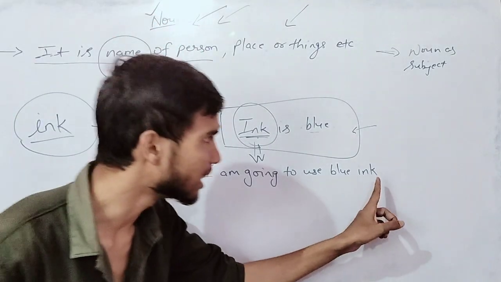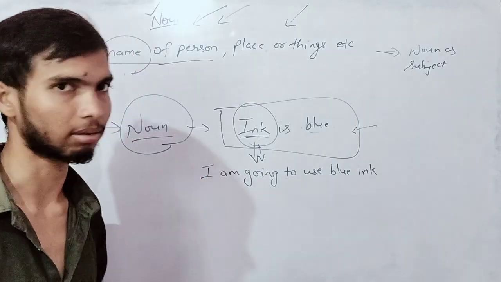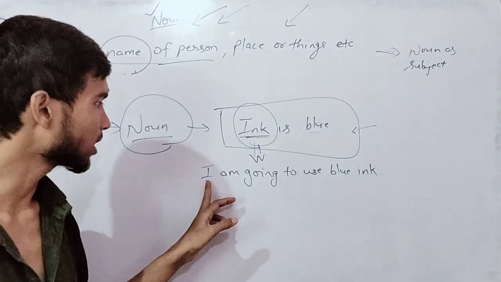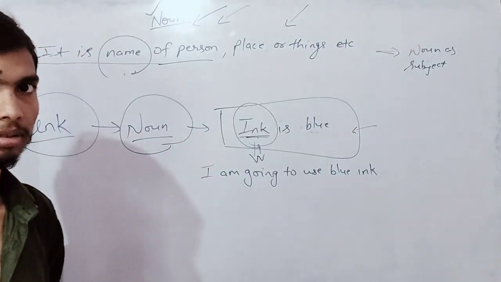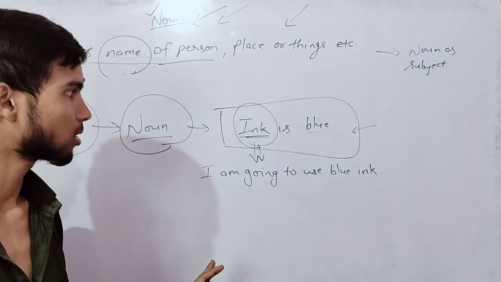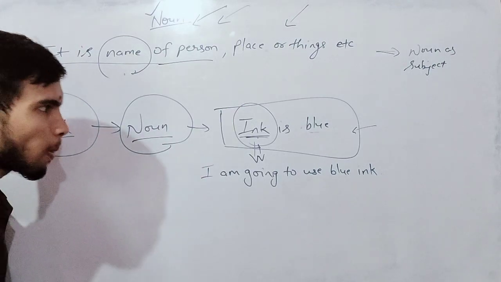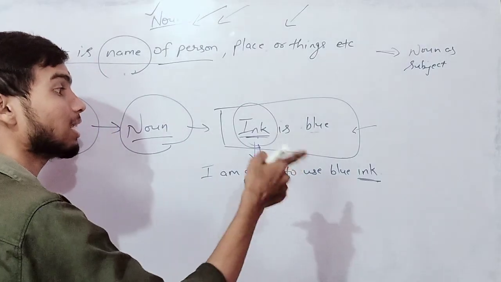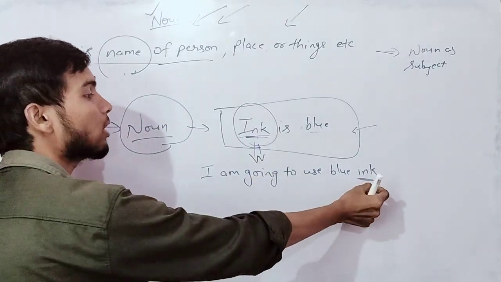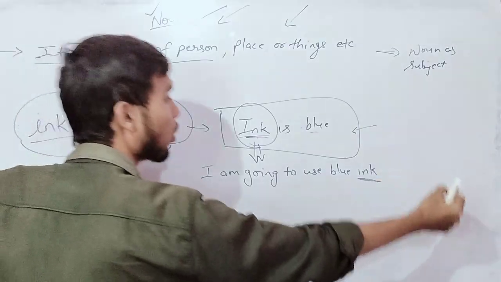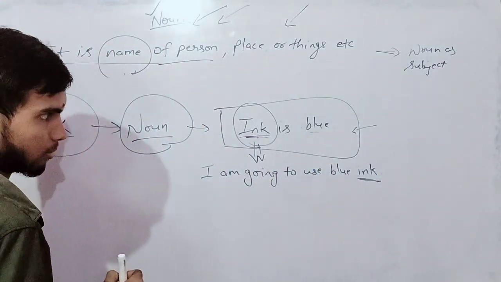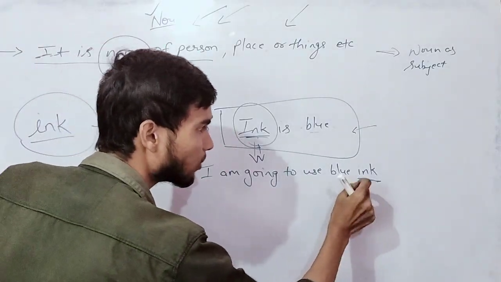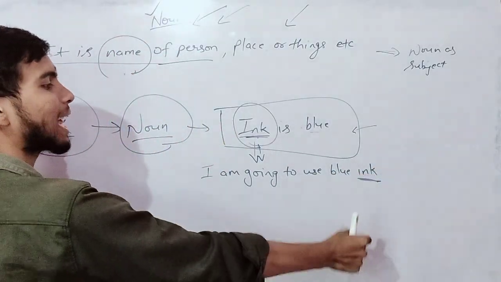Now here, this ink is not coming here. Can you see? This ink word is not coming in first place. So here we would say that ink is a noun word, and we used it as an object, not as a subject. Why did we not use the ink word as a subject?